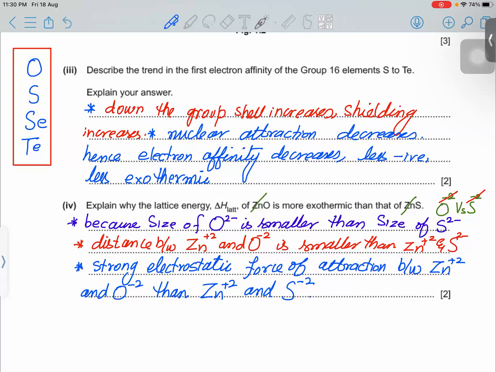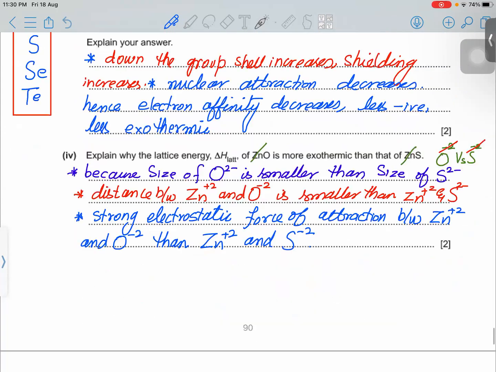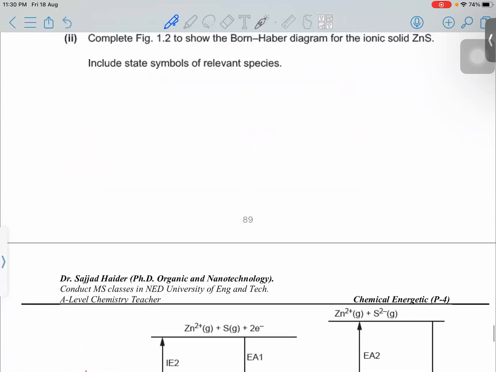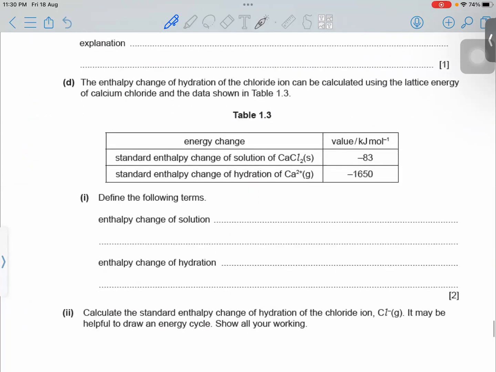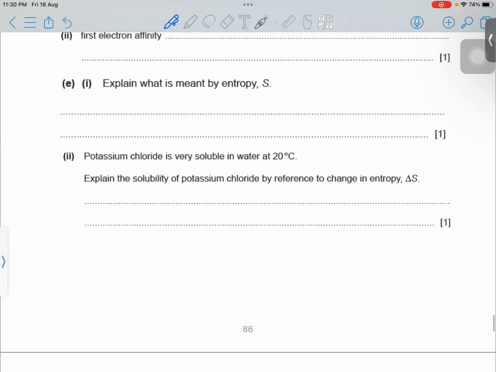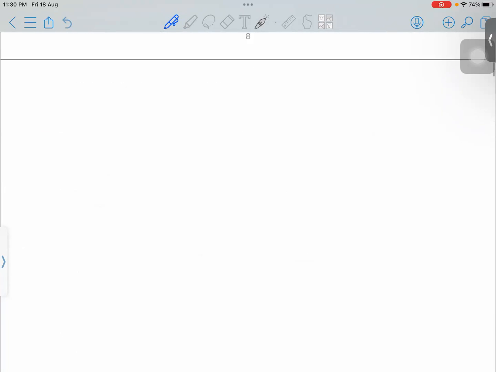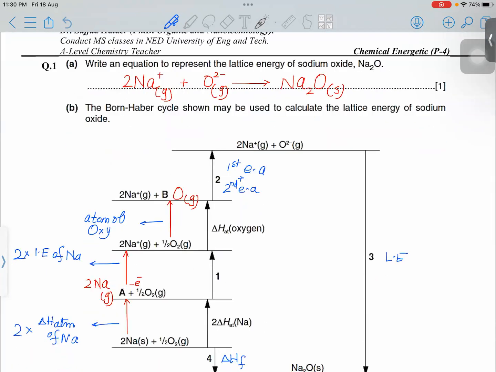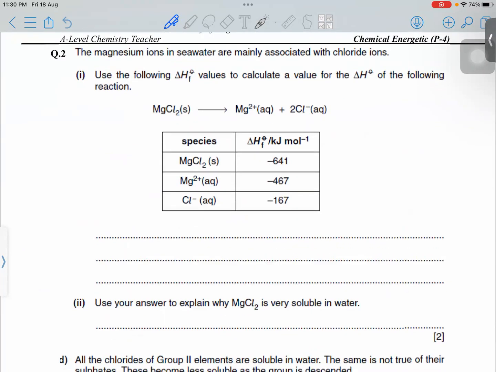Okay. Next is entropy. This is not entropy. Yes, we have completed this.